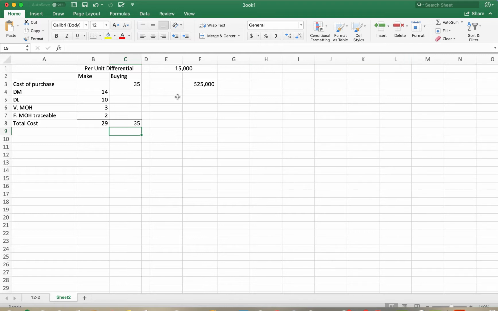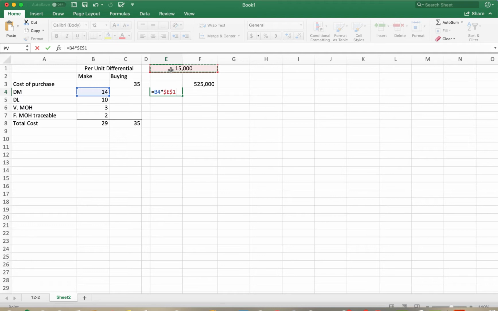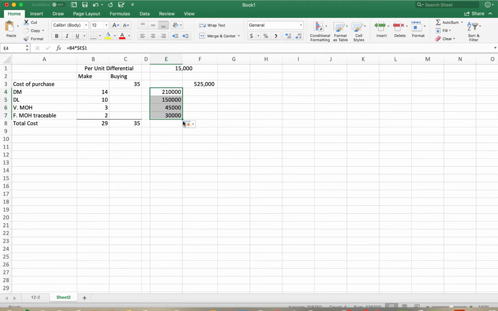Okay, now what I want to do here is multiply the 14, the per unit differential cost for DM, DL, and variable MOH, by the 15,000 so we can get a total number here. In order for us to do that, I'm just gonna click and drag down.